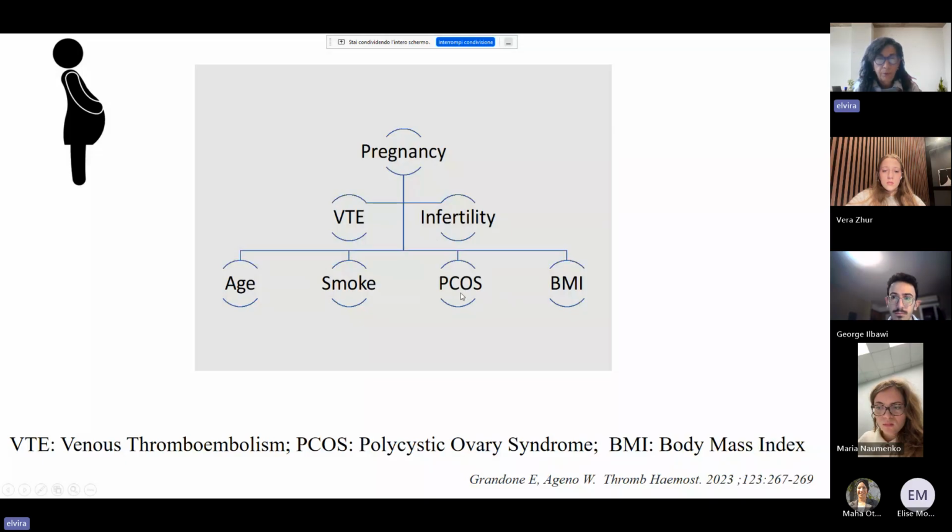And we are going to see in a few minutes some relevant aspects from a physiopathological point of view. Polycystic ovary syndrome is associated with thrombotic risk in general, and more in detail with venous thromboembolism.